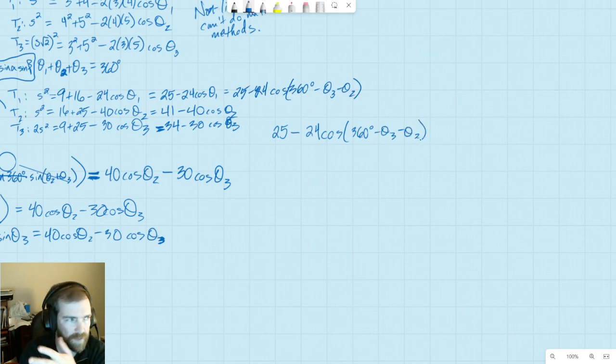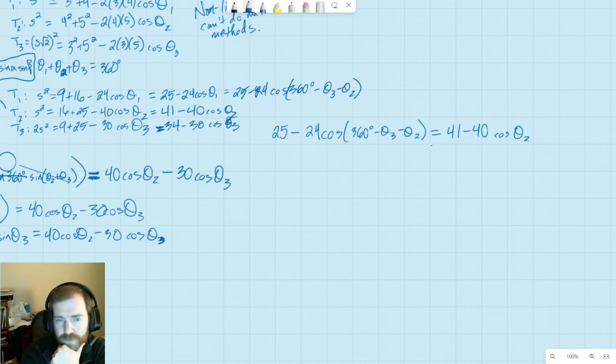And it looks like basically the same thing here, so let's see how this goes. Equals 41 minus 40 cosine theta 2. Right, just that.